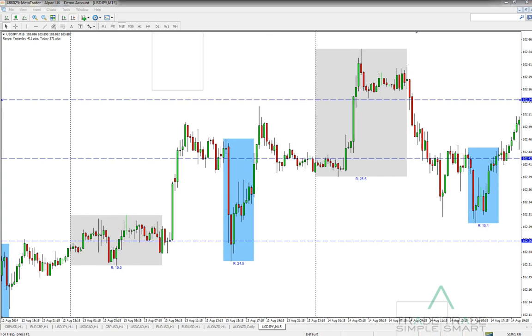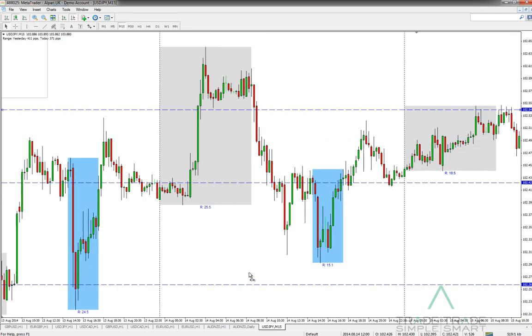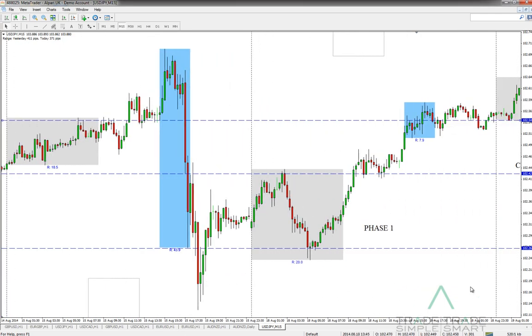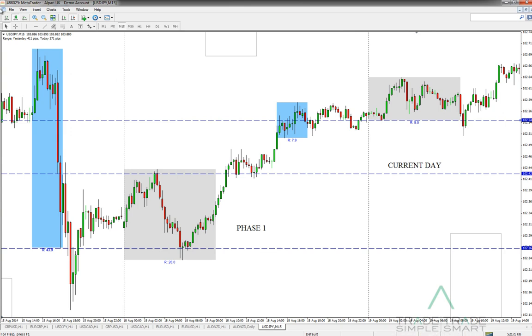We can also see numerous touches as it acted as a level of support. Here we can see a level of resistance. So we have 3 identified levels, and then we can also use the very last one right at the bottom.